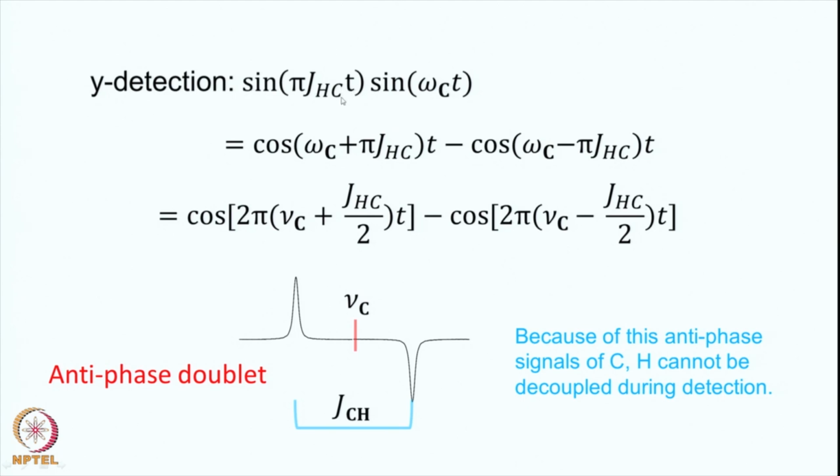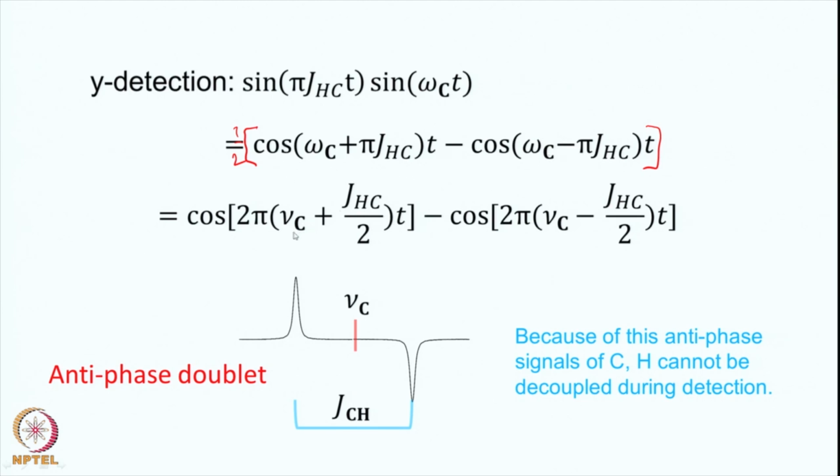Once again I will have a factor of 1/2. So I have the same two frequencies, ωC plus πJHC and ωC minus πJHC, but now the difference is that these are cosine functions.